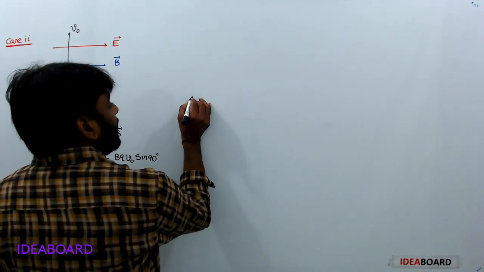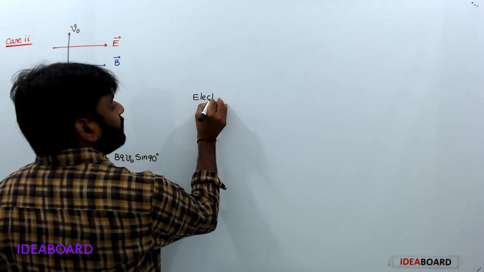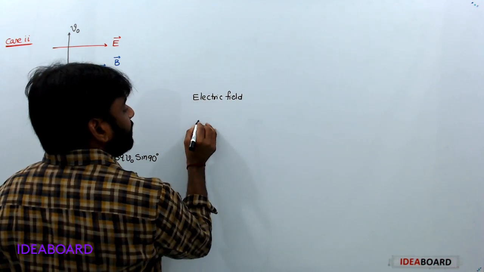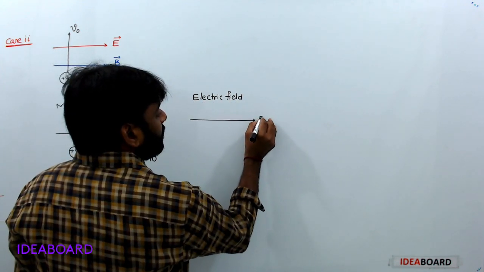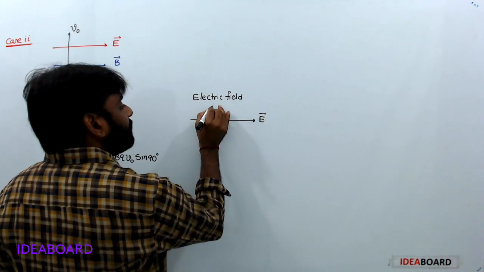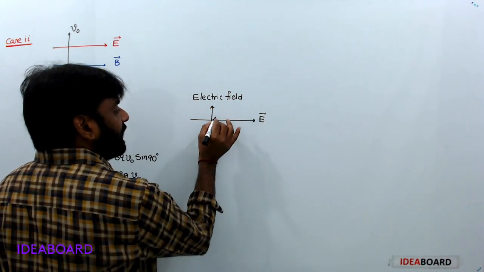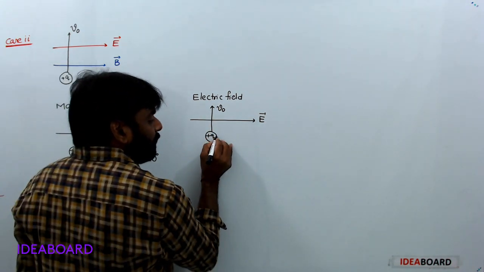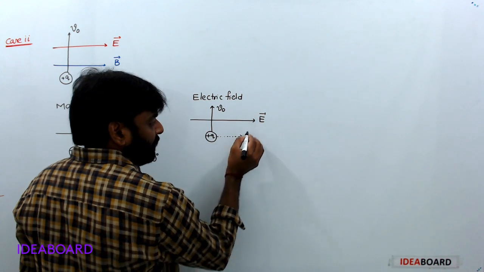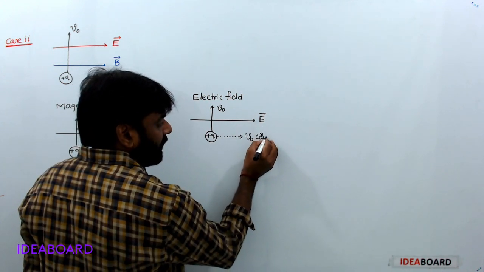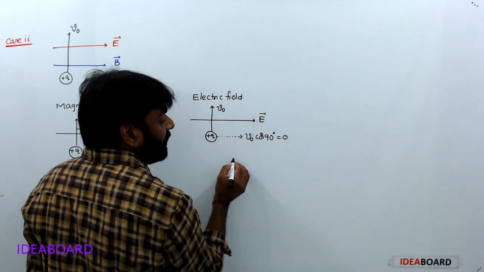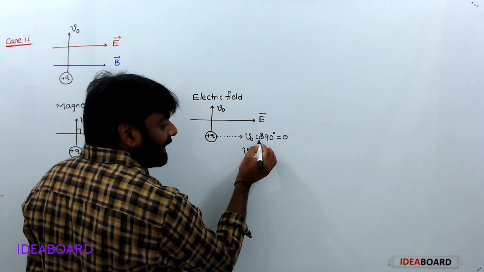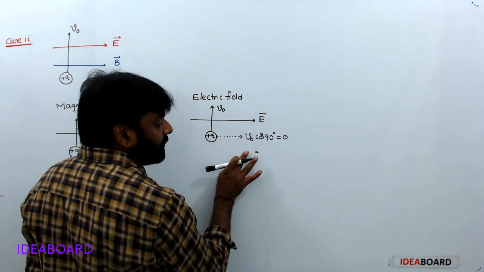Next, electric field influence. Here it is the electric field, and this charged particle has velocity V naught. Now the velocity component along the field direction is V naught cos 90, which is 0. That means along the x direction, the initial velocity is 0.